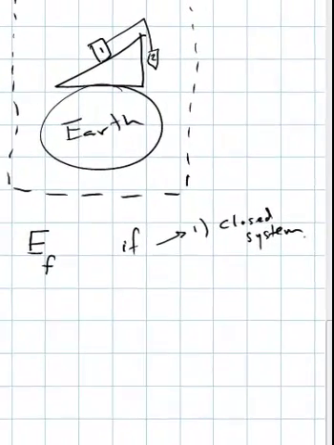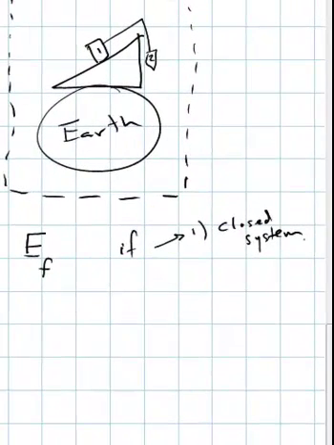Or if energy can leave our system using some mechanism, then we'll have more energy at the beginning than at the end. So initial mechanical energy equals final mechanical energy only if we have a closed system and if the energy isn't changed into some non-mechanical form like heat.